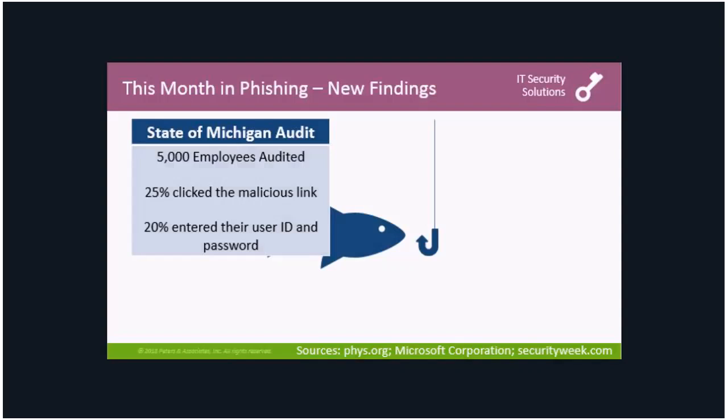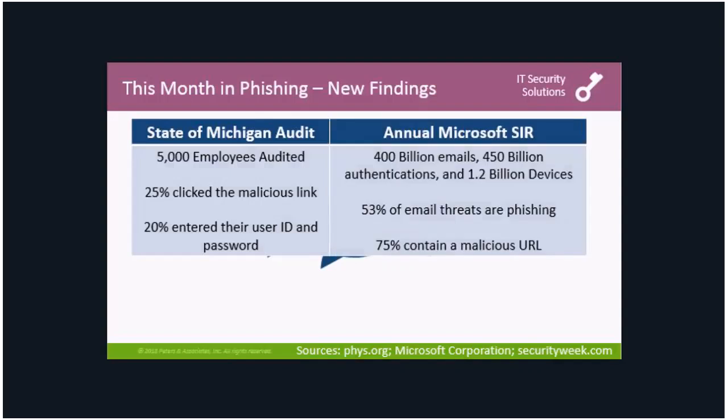Another report that came out this month: Microsoft released their annual security intelligence report. I wish I could have spelled it out on the slide, but I was running out of space, so the acronym SIR is how we'll refer to it. Microsoft, by virtue of having a large network of services that lots of people use, uses their security intelligence report to review the security landscape over the past year.